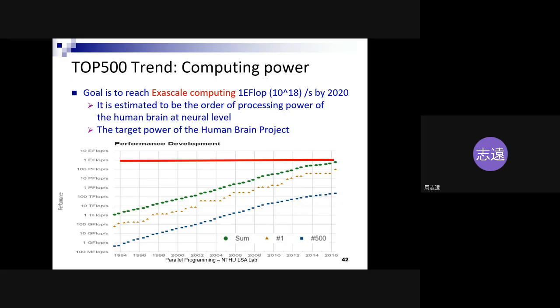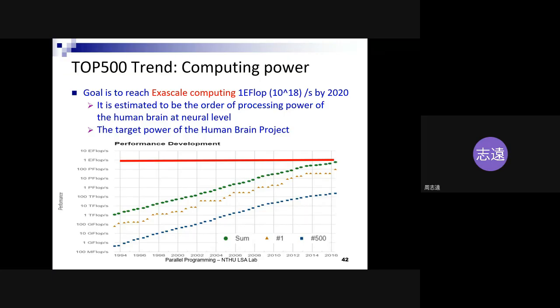That's why they set this scale, and they wanted to reach that scale by 2020. And as you know, we are already at 2022. But as far as the Top500 list goes, you can see their performance really grows fast year by year, but still not fast enough.